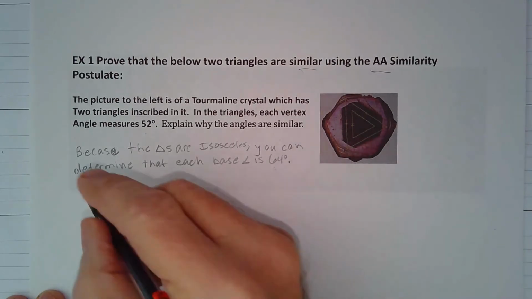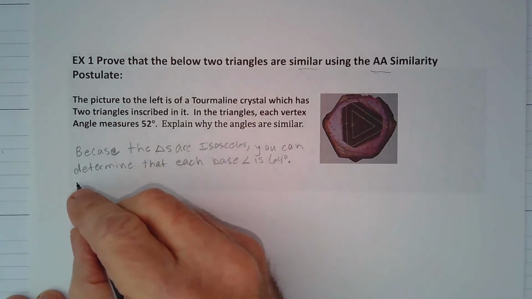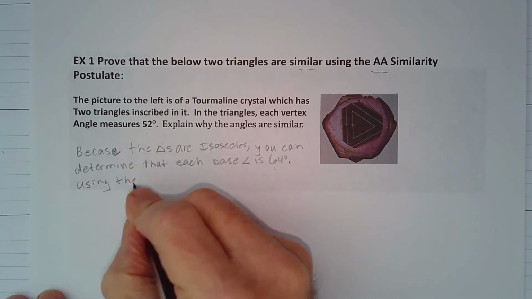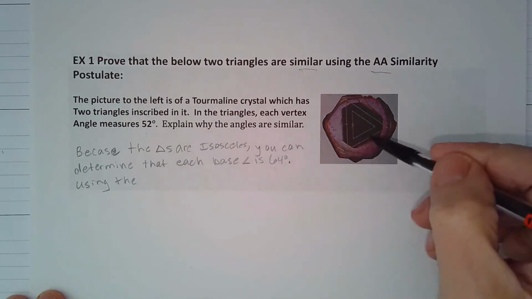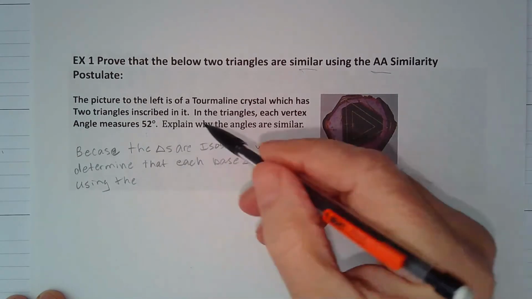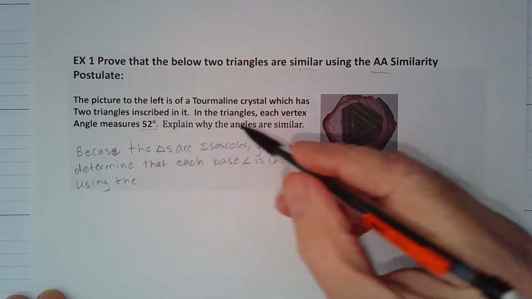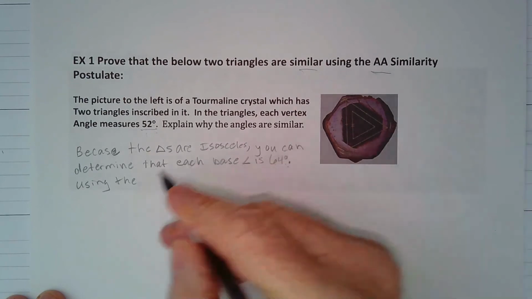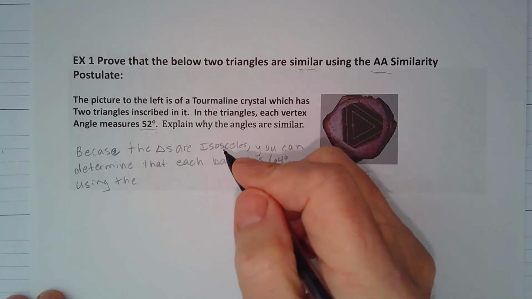So using the angle-angle similarity postulate, you can conclude that the triangles are similar. Because we have 64-degree angles, they're both congruent, and you also have the 52-degree angles. I would choose the vertex angle and one of the base angles, but you could use the base angles if you want to determine that you have congruency.